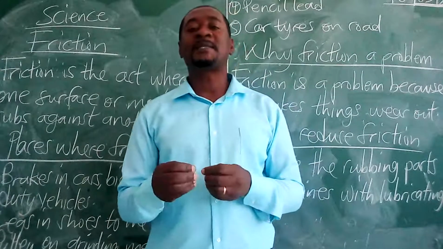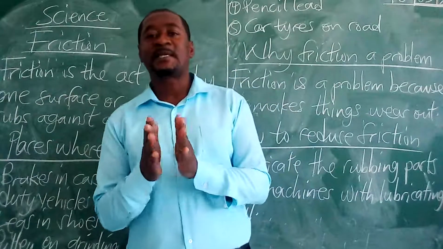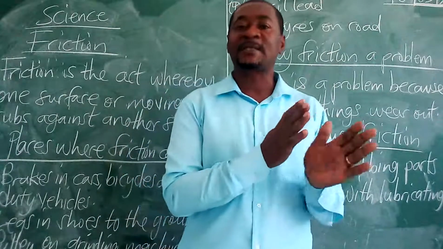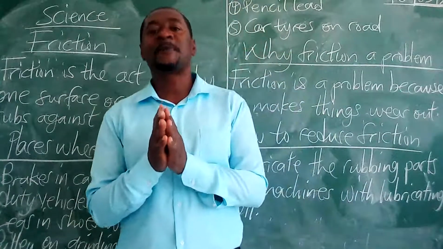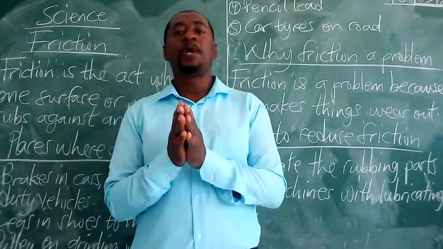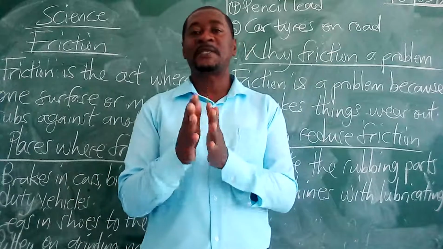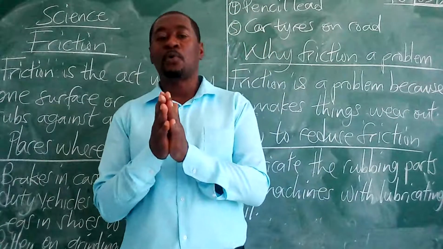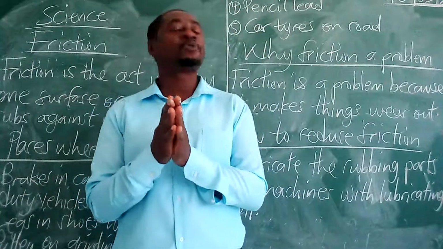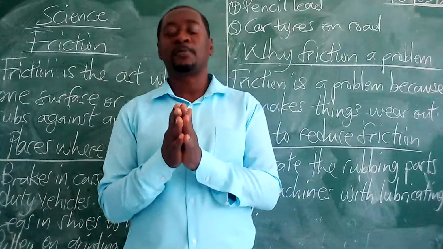And then there are moving parts that come in contact with another surface. Especially the brakes, when the contacts are not good, at times you apply the brake and it will not function well, and then you can get a problem.